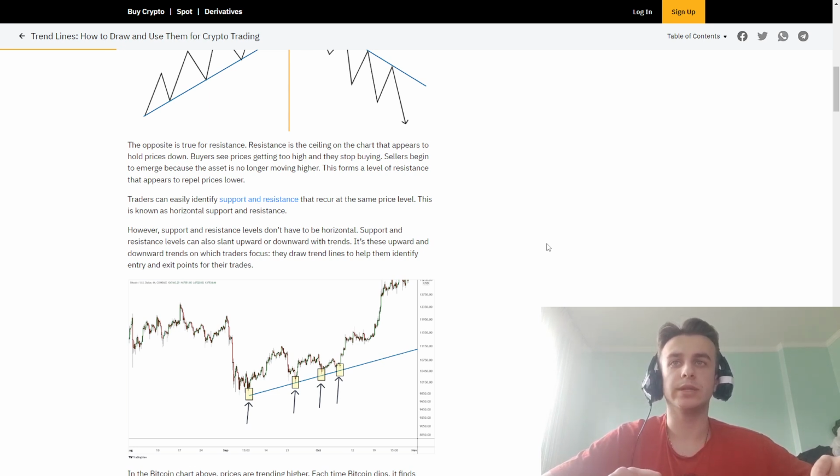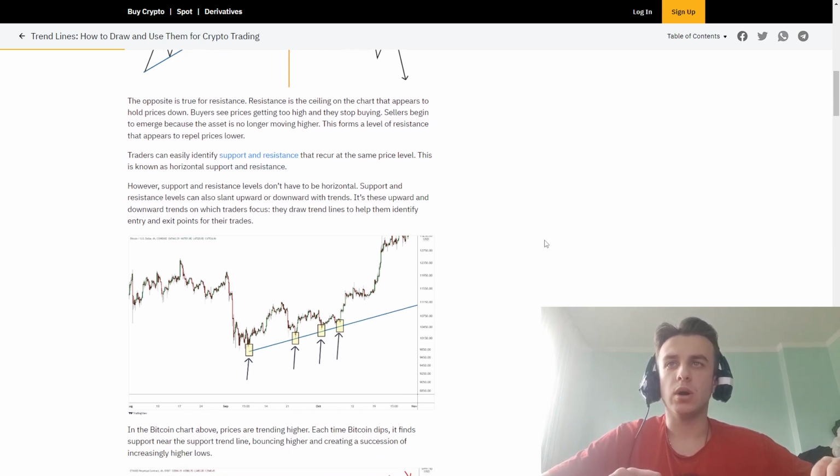This is known as horizontal support and resistance. However, support and resistance levels don't have to be horizontal; they can also slant upward or downward with trends. It's this upward and downward trend on which traders focus and draw trend lines, which helps them identify entry and exit points for the trades.